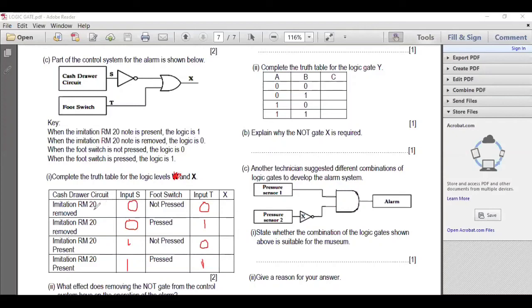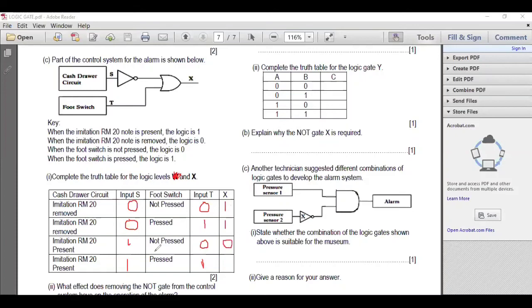When you remove, but you don't press, the alarm must be triggered, right? Because they say either one. Either you take out the note or you press, it must be triggered. It is removed, but pressed, also triggered. The imitation note is present, that means we did not remove, and it doesn't press, that means 0.